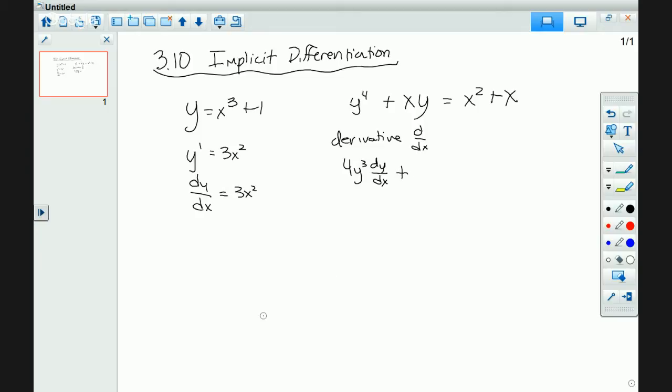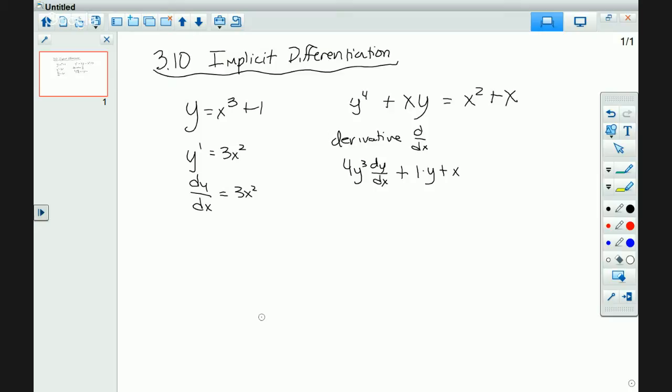What's the derivative of x times y? Let's see, okay, derivative first, right? 1, copy second. Copy first.